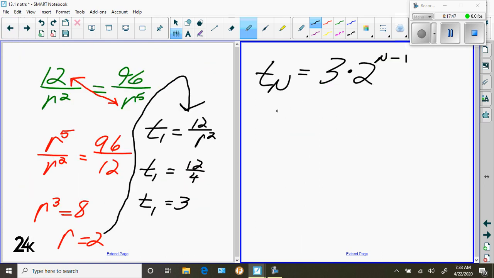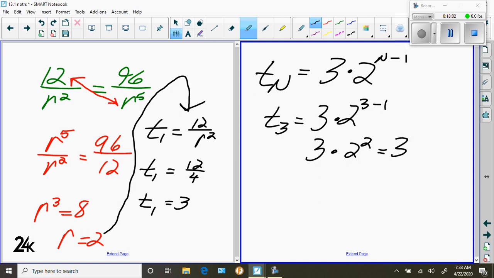Let's test it out. Does the third term equal 12? Well, it'd be 3 times 2 to the 3 minus 1. So that'd be 3 times 2 squared. Well, that would be 3 times 4. Ding, ding, ding, winner, chicken dinner.